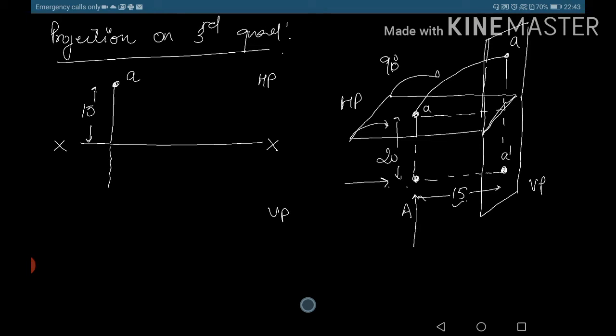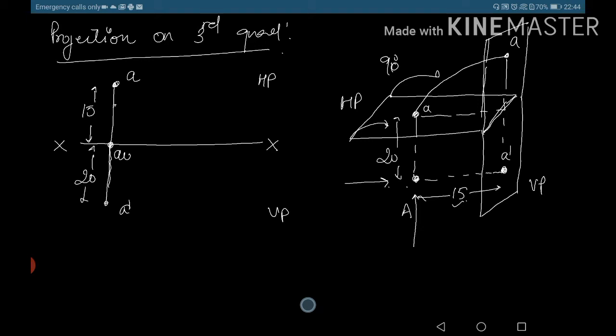Similarly you come down. This should be a dotted line. I have drawn a bold line, but this should be a dotted line. Another distance for the vertical plane should be 20, and A dash. This is our answer.